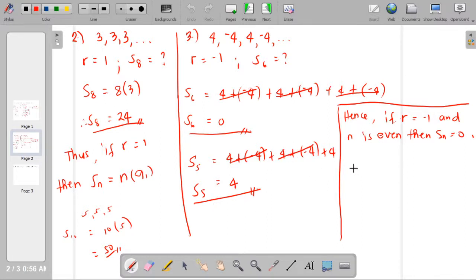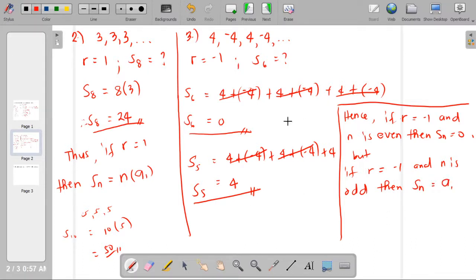Now, if r is equal to -1 and n is odd, like this one, S sub 5, then your S sub n is automatically equal to your A sub 1.